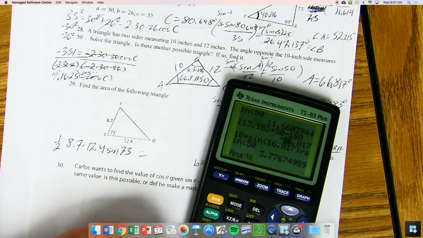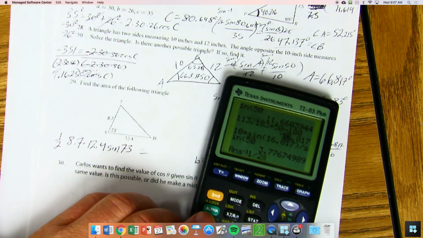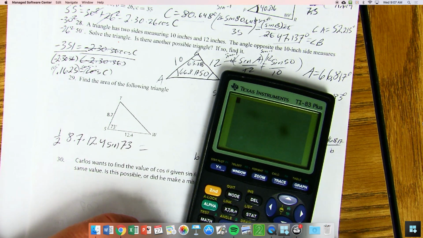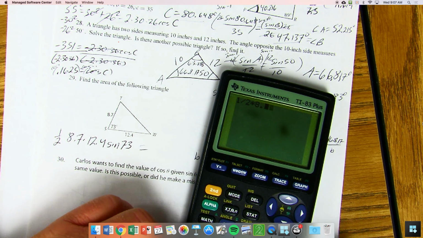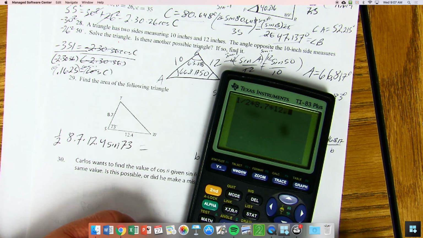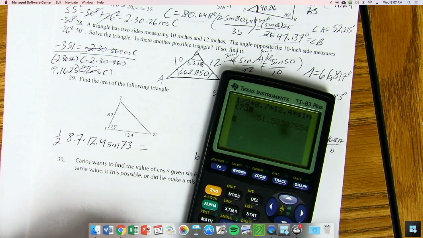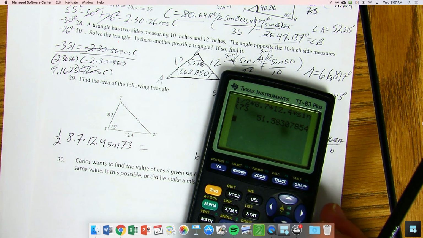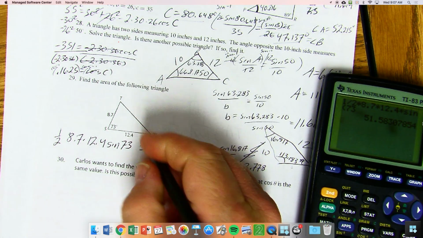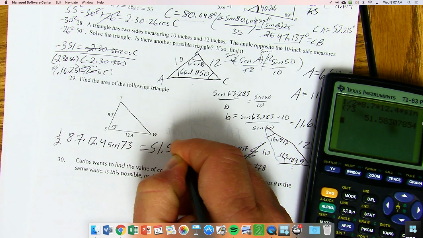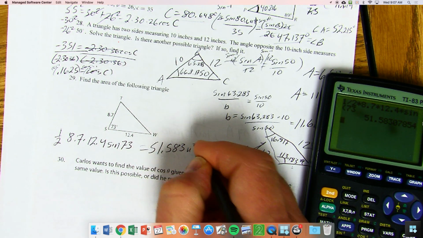So I would just take 1 divided by 2 times 8.7 times 12.4 times sine 73. I'm in degrees. I get 51.583 is the area, and then my units would be squared, whatever they are.